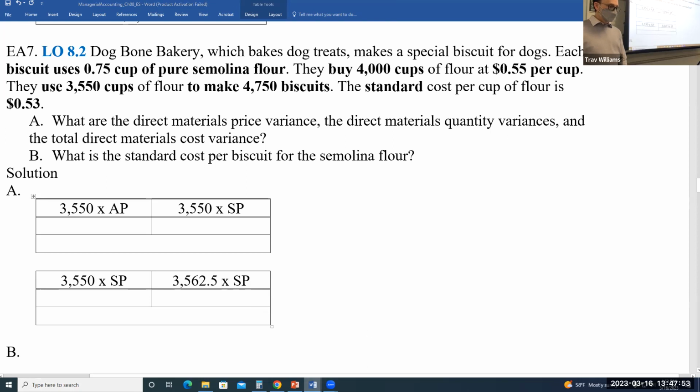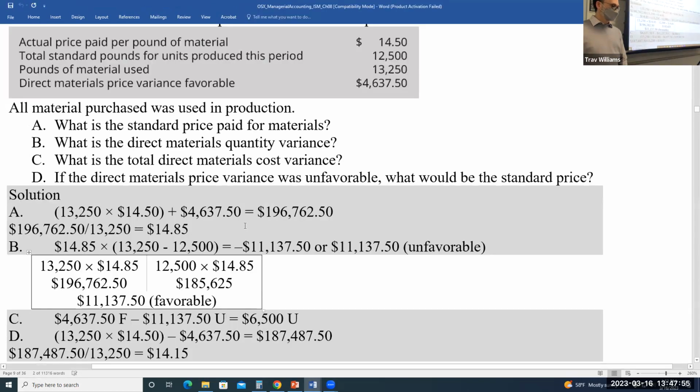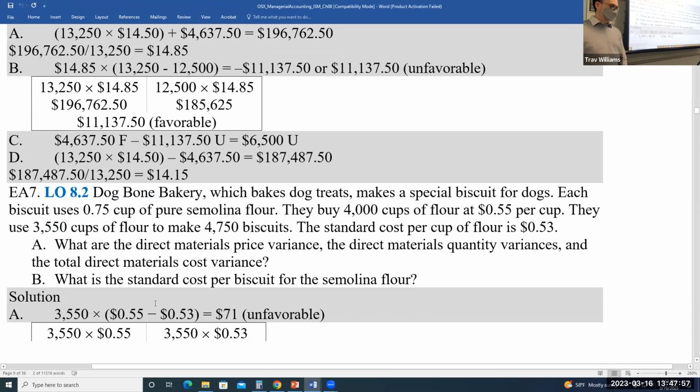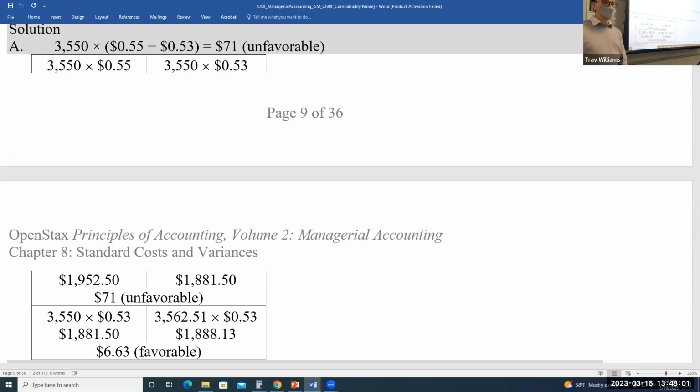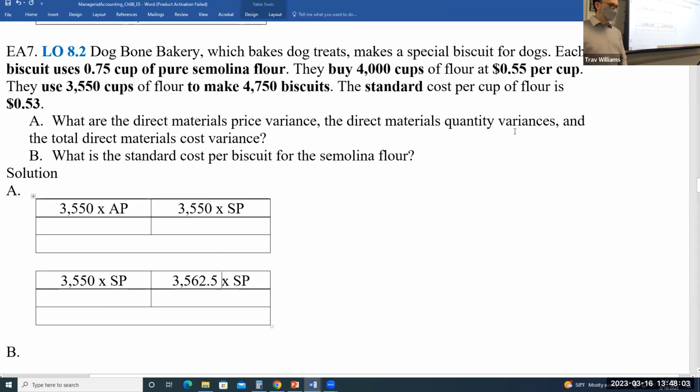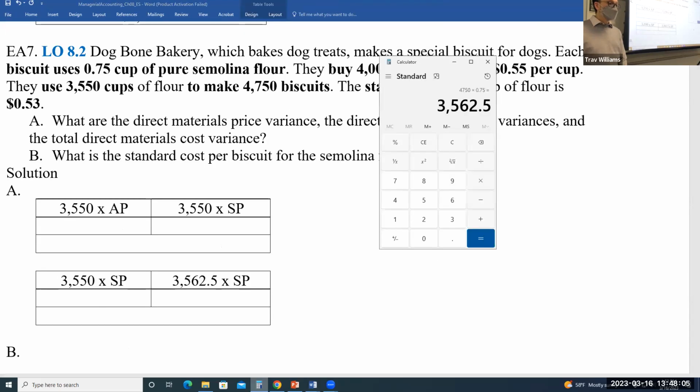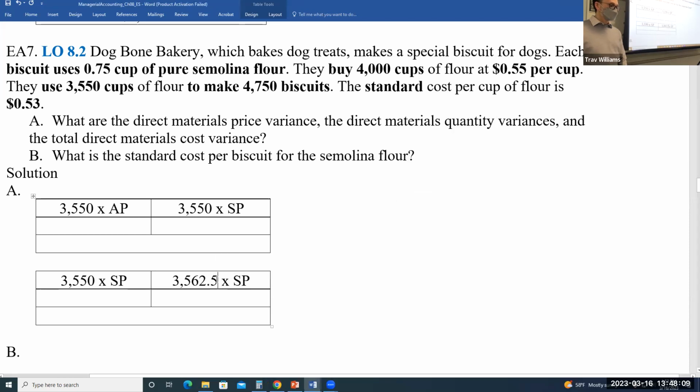That's kind of a weird number, so let me make sure that that's right. Yeah, okay. They actually put 3,562.51. Guess that's a rounding difference. Okay. So we'll go ahead and go with the official number there.